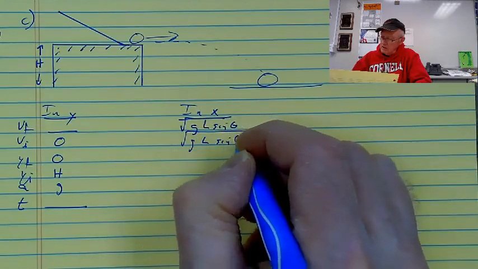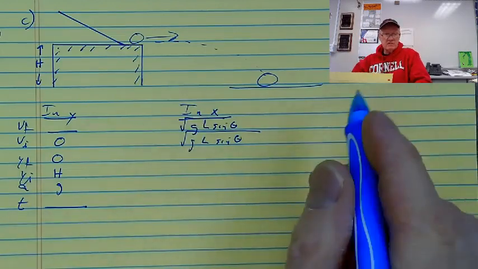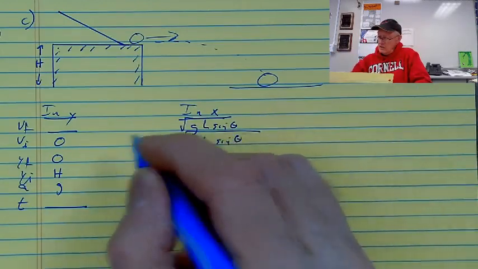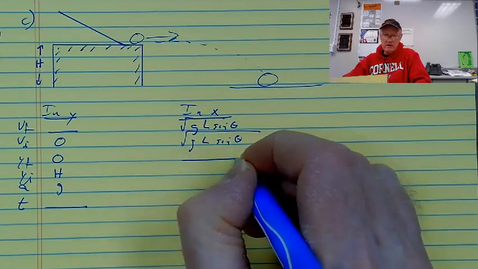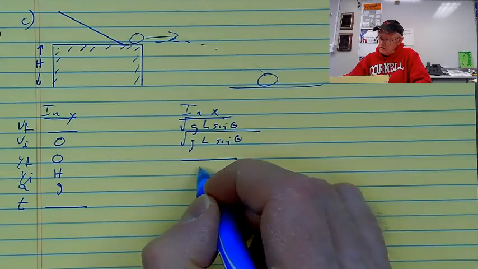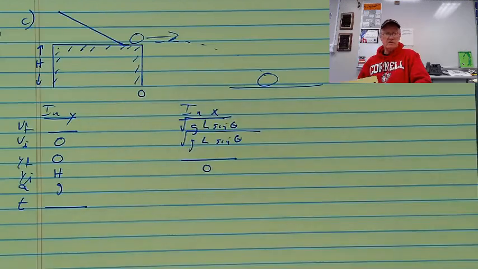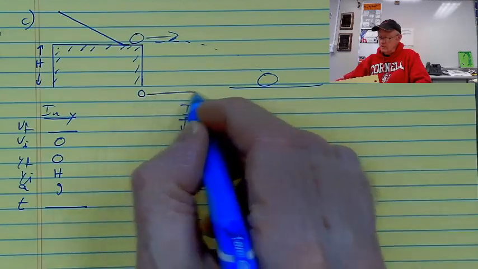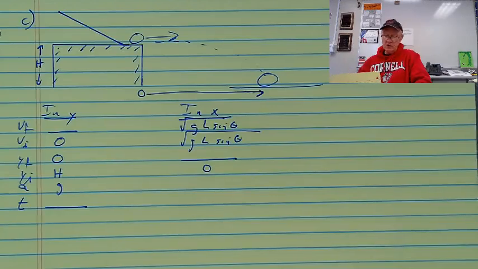Now the xf we don't know; that's our target in the problem. The initial position is 0. We consider that location to be 0, and we're going to see how far it is to where the hoop comes to rest. Acceleration is 0, and the time is whatever we found over here.